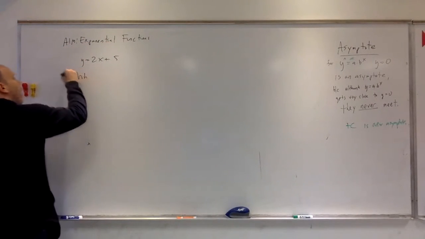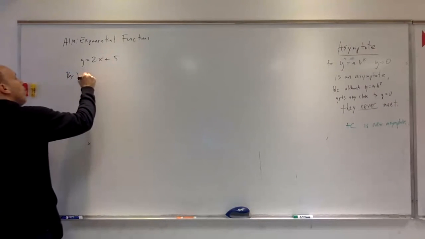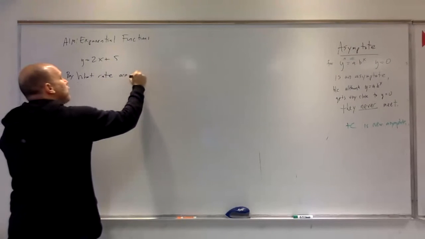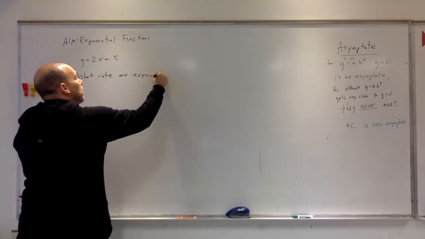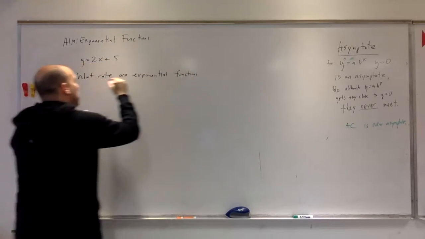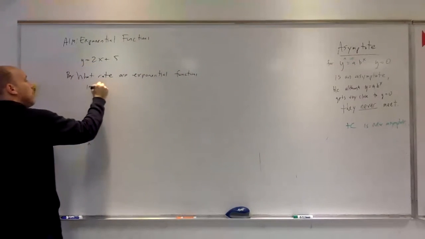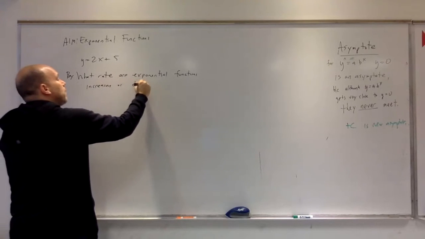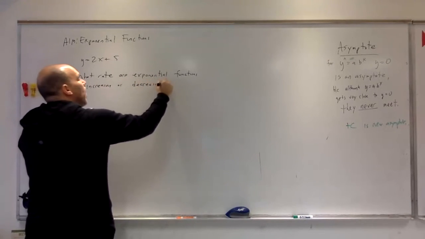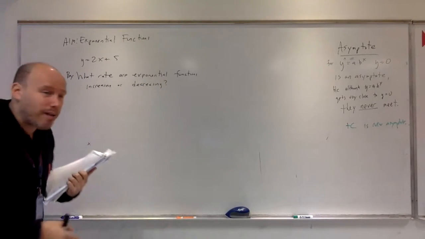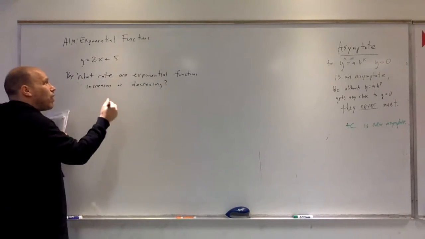So the question is, by what rate are the exponential functions increasing or decreasing? And it's an interesting question, because if you think about it, once again, go back to the linears.